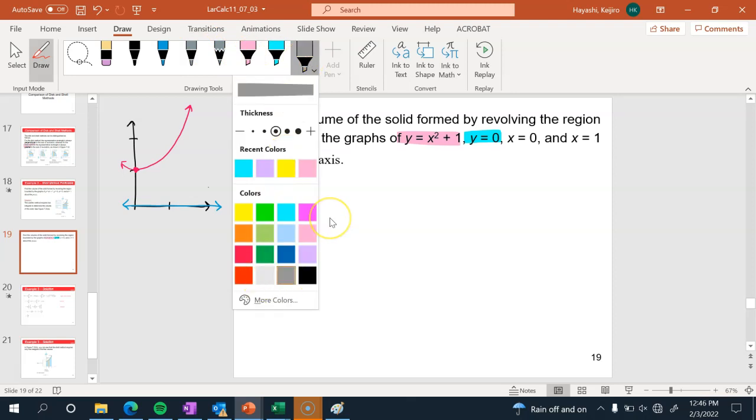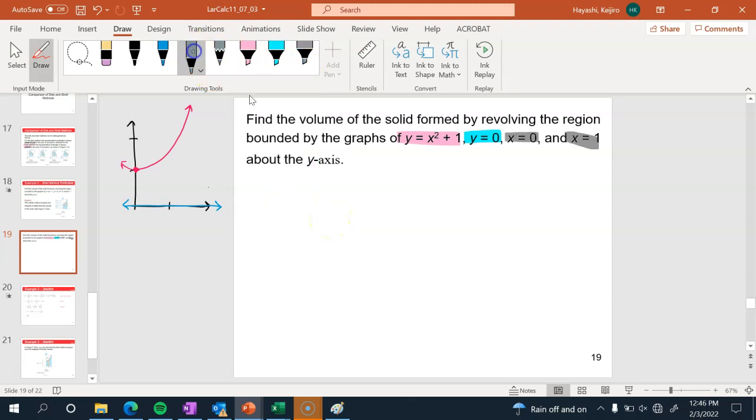And x equals 0 and x equals 1 are just bounds. Might as well draw them in. Okay, so the region again is this sort of straight-sided bowl with a little divot in the center. We're going to take this and rotate it about the y-axis.